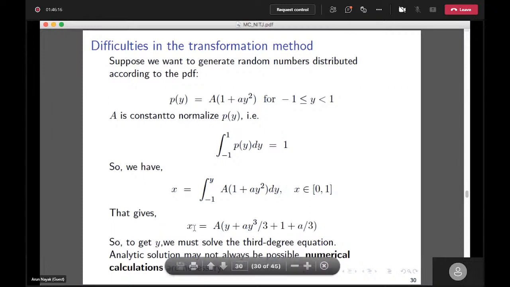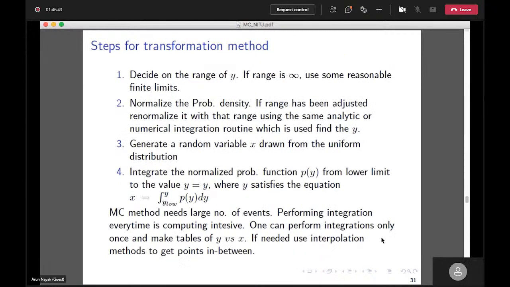Now you have to invert this function to get the value of y. This is a third degree equation, so you cannot invert it analytically. One must use numerical methods to solve this equation to find y for each given value of x.